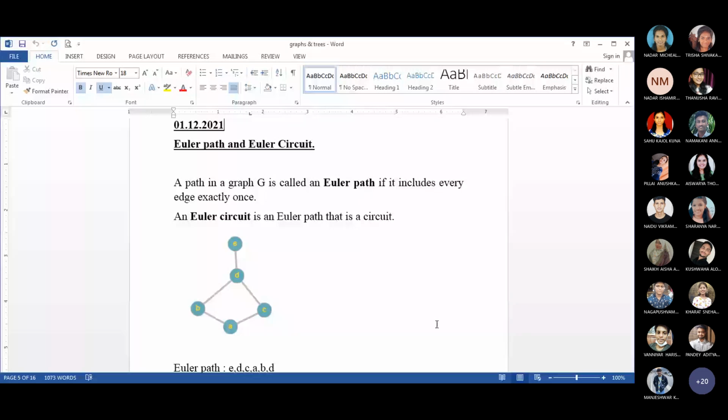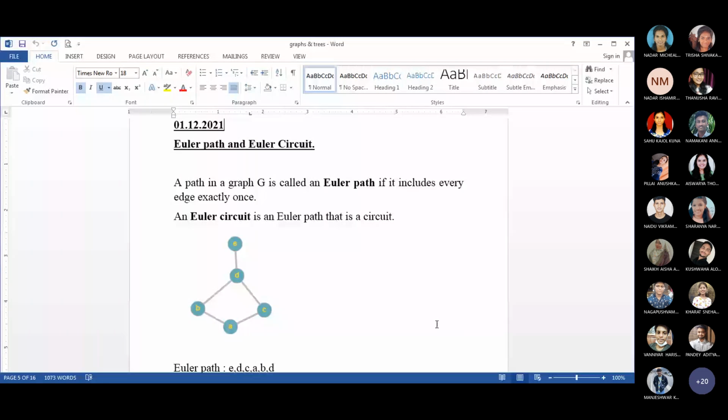Now we will discuss about a Euler path and Euler circuit. What is a Euler path? Path in a graph G is said to be a Euler path, again I repeat, if it includes every edge exactly once. ठीक है, सिर्फ खाली पाथ है तो वो बोलता है कि एज रिपीट नहीं हो सकता है. यूलर पाथ में what it says, every edge is considered exactly once.